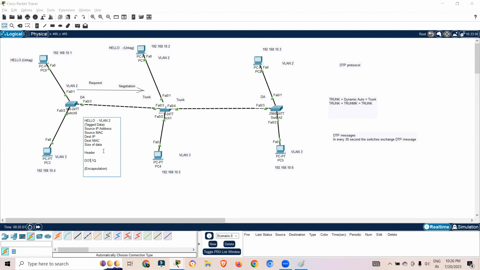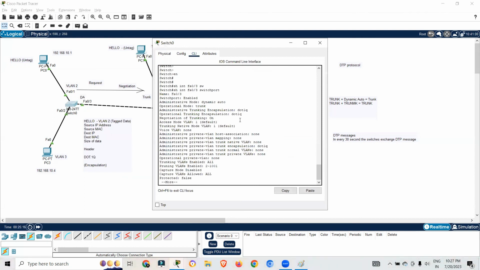We call it .1Q or ISL, but we don't use ISL these days. Why don't we use ISL? Because ISL is the Cisco property. So you can see that by default I can see the .1Q encapsulation.